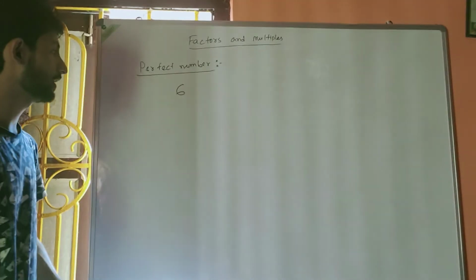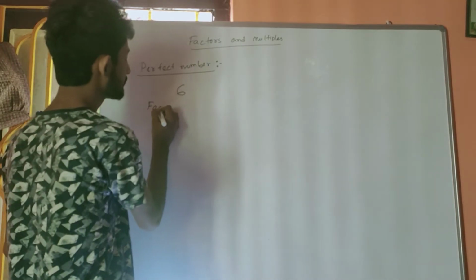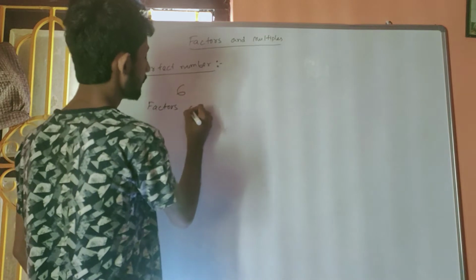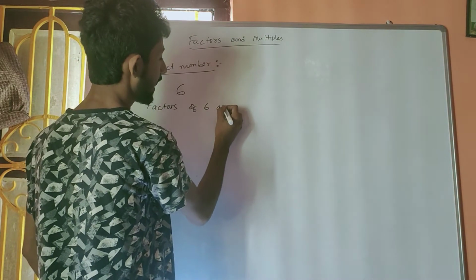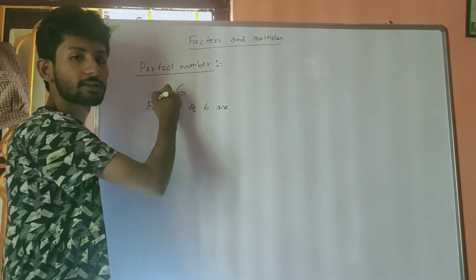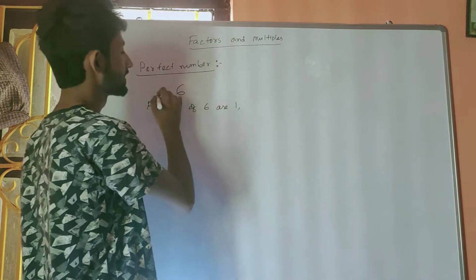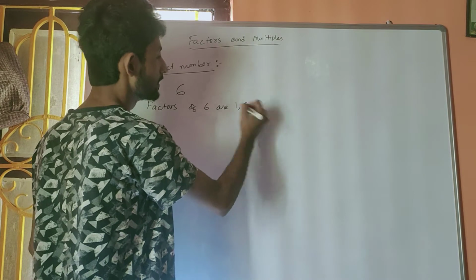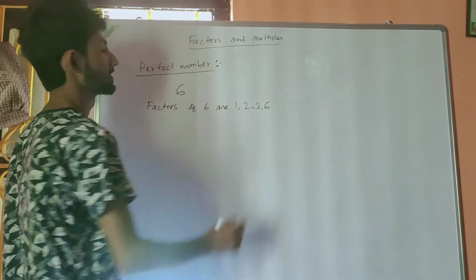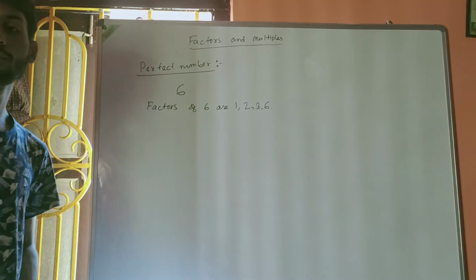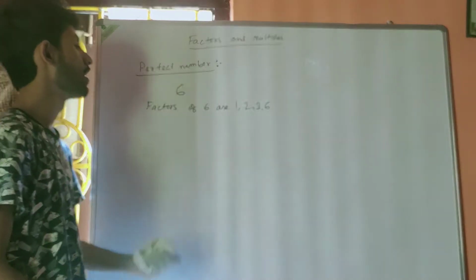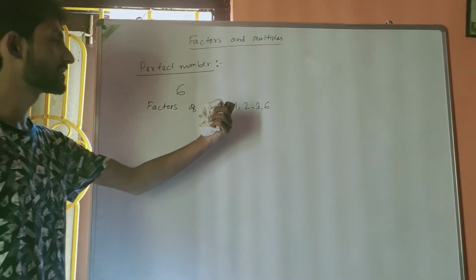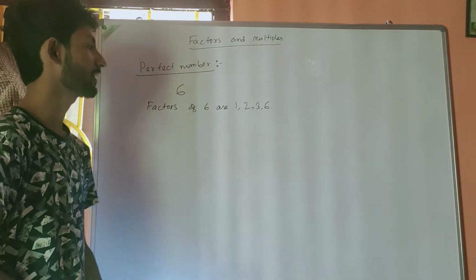The factors of 6: 6 is divisible by 1, by 2, by 3, and by 6. Except these, there are no factors. Am I right? So these are the factors of 6.